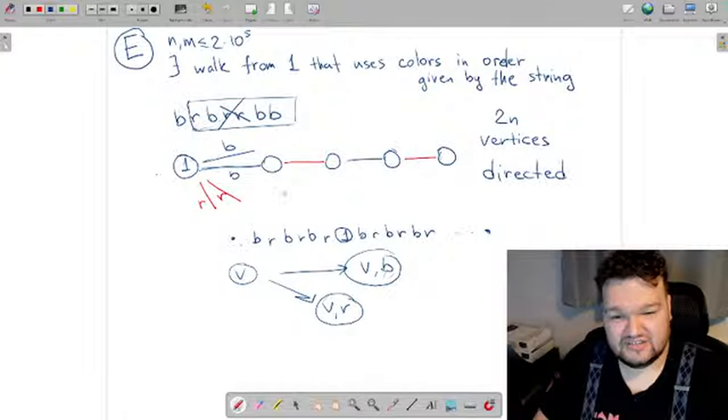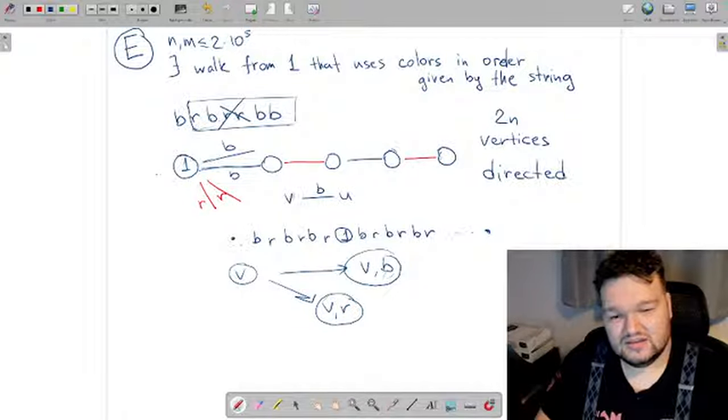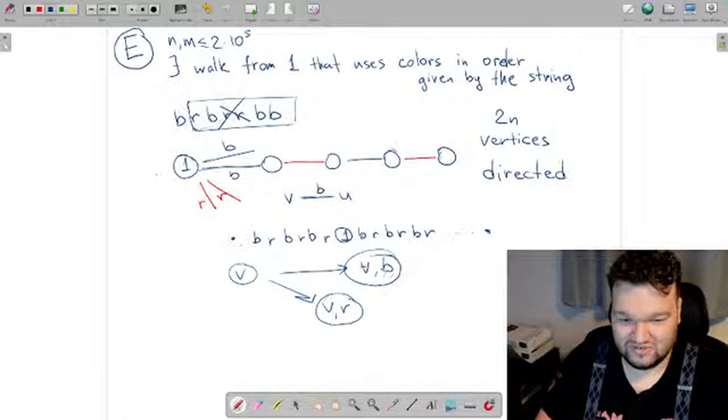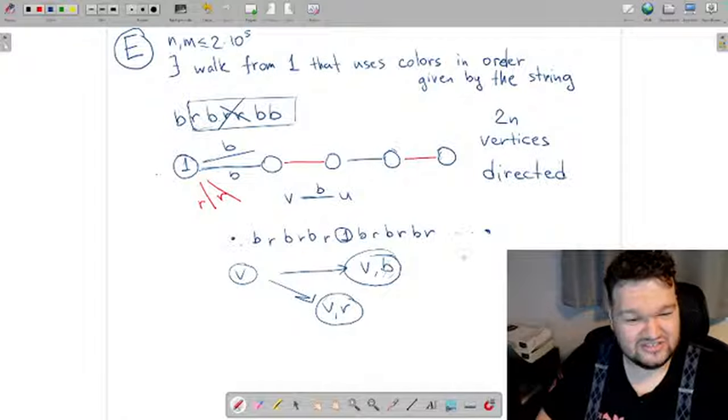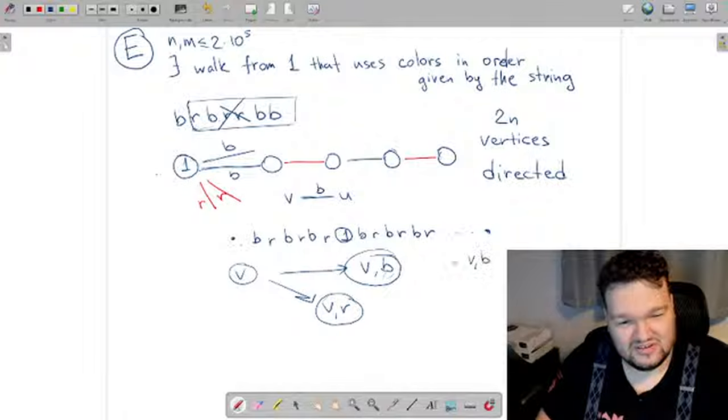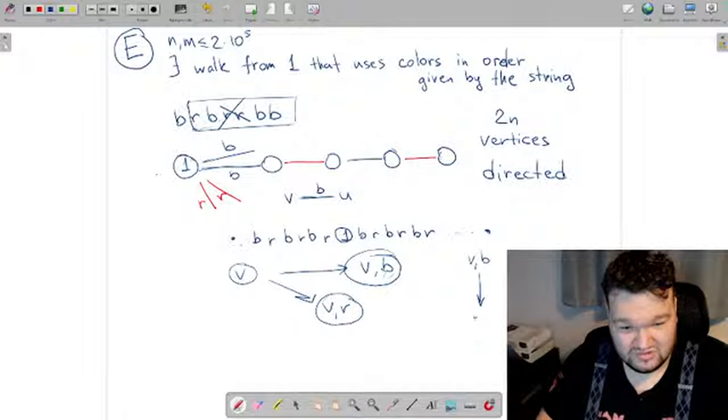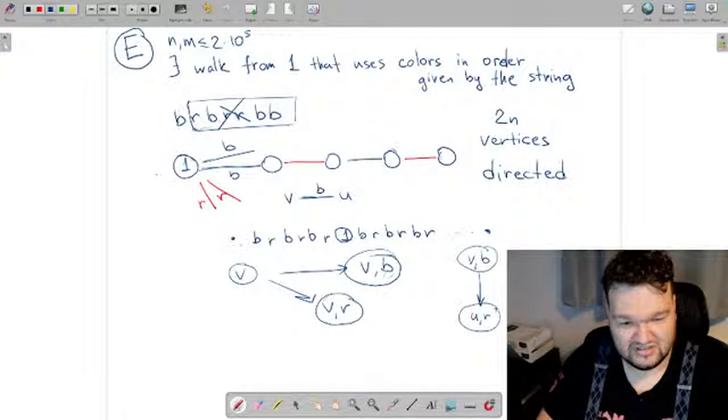Let's say we had a blue edge vu. Then I can use this edge only if I'm in a vertex that wants to use a blue edge next, right? So if I'm in v blue, then there is a directed edge, and if I traverse it, I will be in vertex u, but the next edge I want to use is of color red. So I create this directed edge. And symmetrically, if I was in u blue, then I can move to v red.